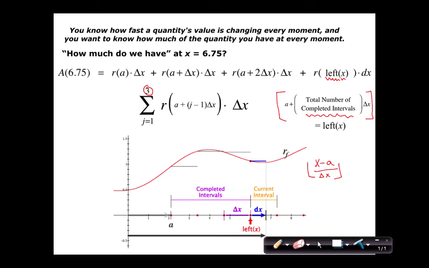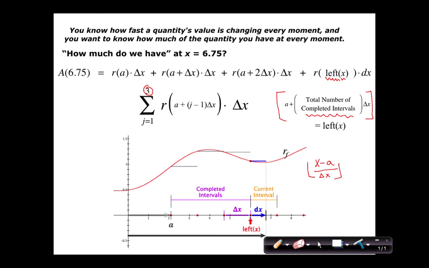We're going to use left of x to indicate the x value that's at the end of the current interval. So wherever x is, left of x is like a different sort of rounding function. It doesn't round like the floor function to a whole number. It kind of rounds you back to what's the beginning of the current interval. So to find the total number of completed intervals, we do this, which rounds to the next lower whole number.